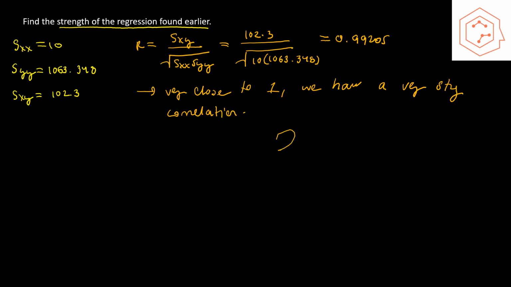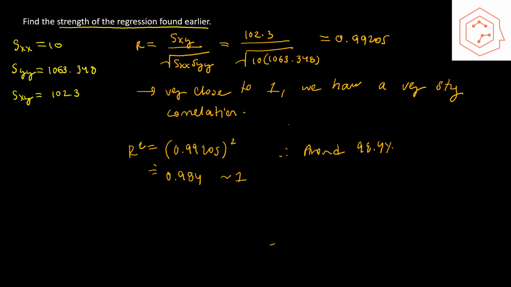Now, if we calculate r squared, or the coefficient of determination, we can simply square the value that we found above. So 0.99205 squared, and that's equal to 0.984 approximately. That's also very close to 1, and it represents that, therefore, around 98.4% of the change in y can be explained by change in x.